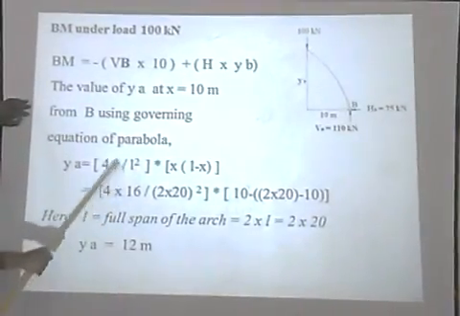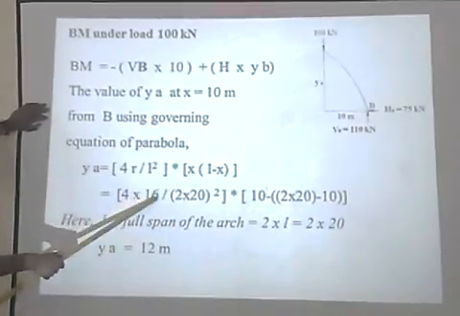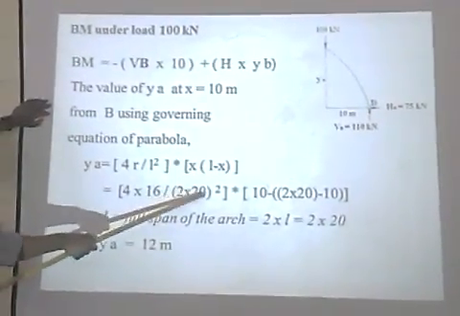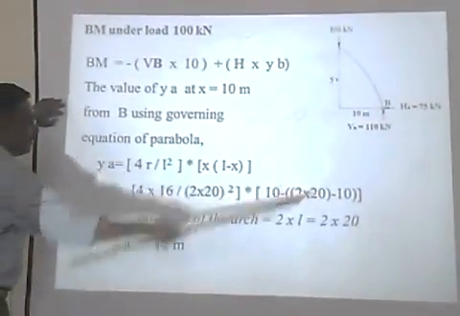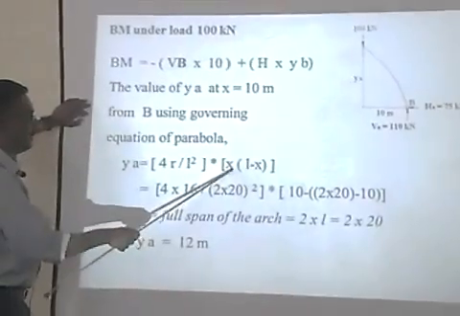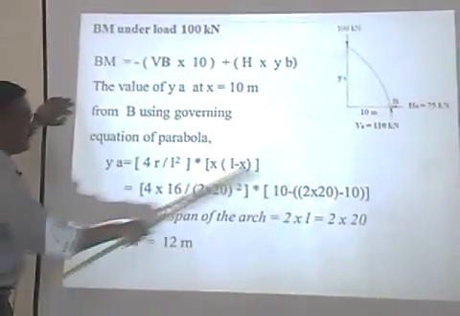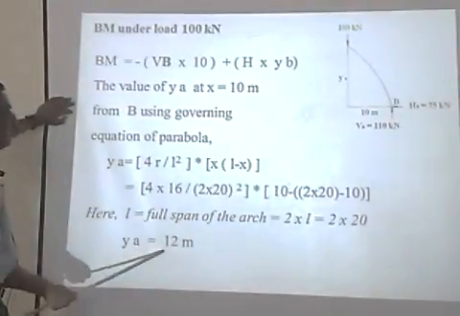R is the rise of the arch, L is the whole span of the arch, and X is the required X distance. Here the rise for the second arch, from the lower support to the ground, is 16 meters. L2 is found to be 20 meters, and 2 times L2 is the whole span. X is 10 meters, and L is 2 into 20, minus 10. On substitution, we get the value of YB as 12 meters.